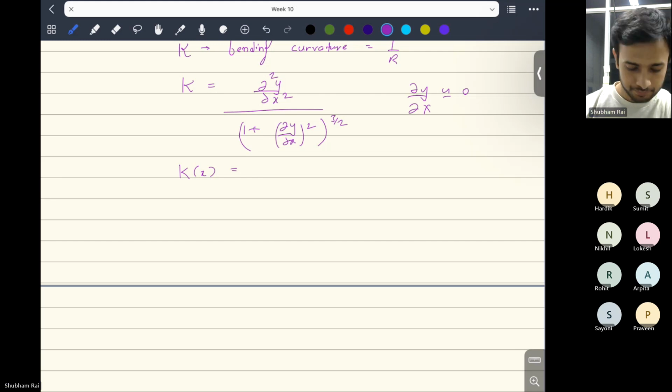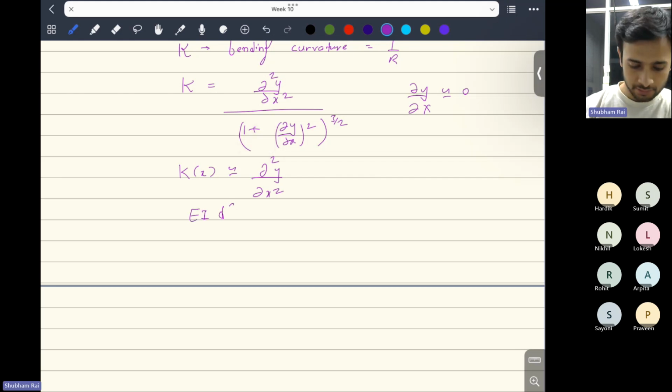So kappa x will approximately be equal to del square y over del x square.